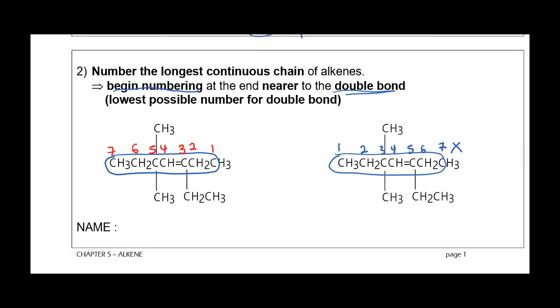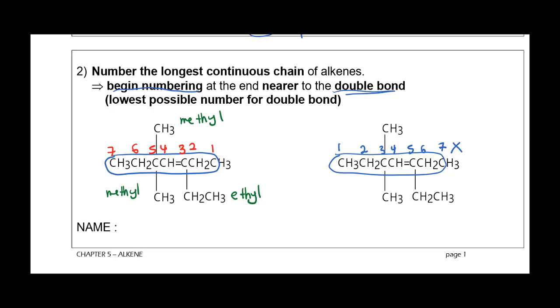So identify the substituents. After giving numbers, identify the substituents. So methyl. So this one is ethyl. When you want to give the name, you need to follow alphabetical order. So we will write down the substituents first and then along with the parent.